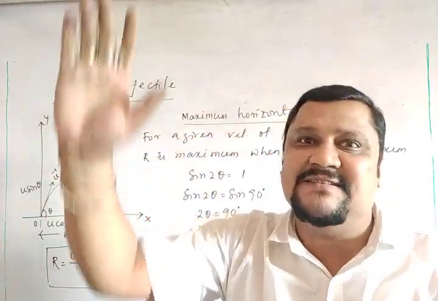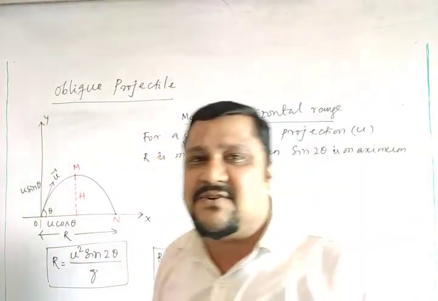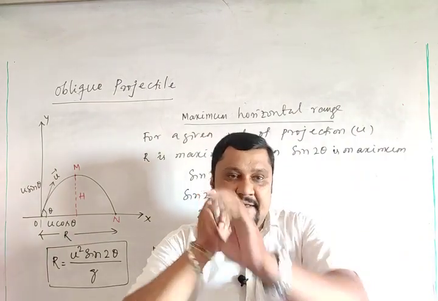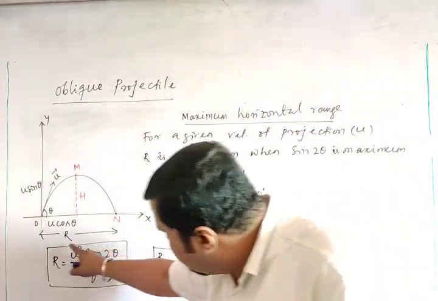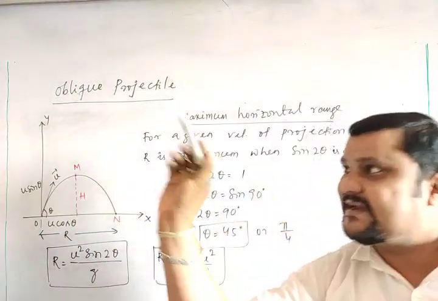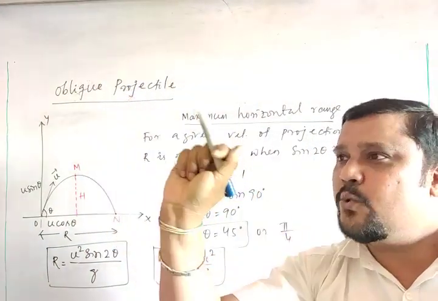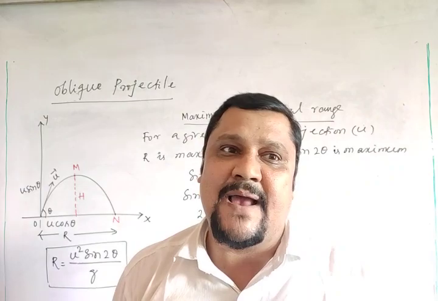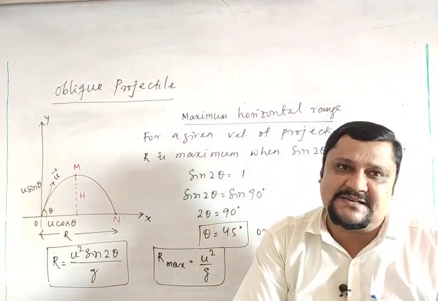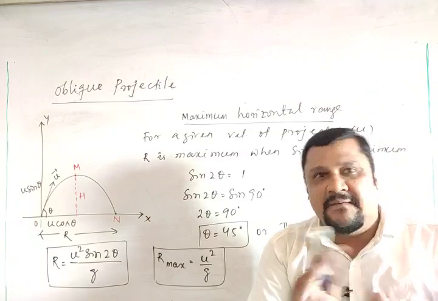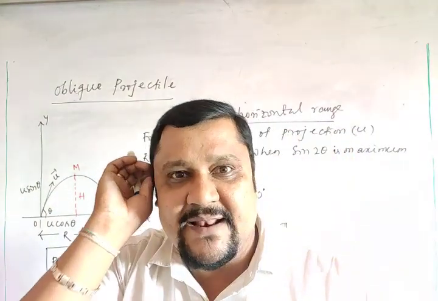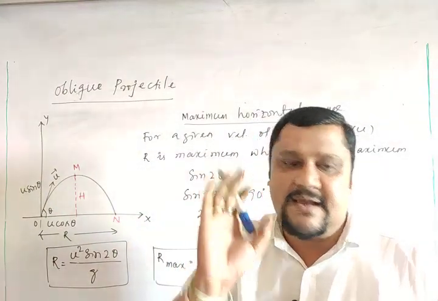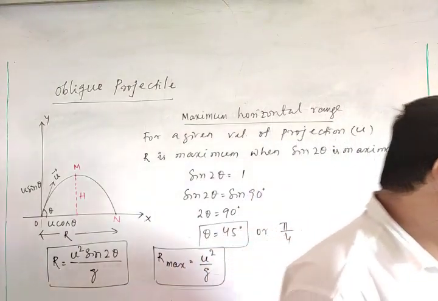During the throw of a javelin, the coach instructs the athlete that if he throws with an initial velocity u at an angle of 45 degree with the horizontal, it will reach the maximum range. But if he uses the same initial velocity and the angle is other than 45 degree, it will not reach the maximum range, u square by g. So this is about the maximum range.